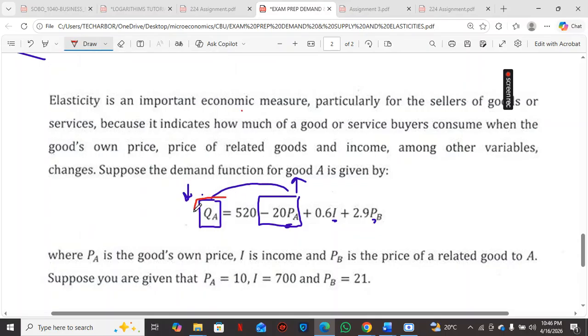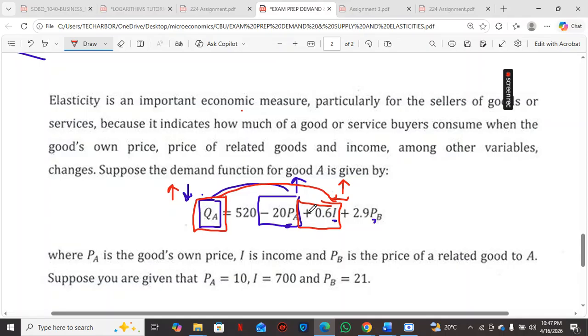If we look at the relationship between the quantity demanded for good A and the income, holding other factors constant, there is a plus sign, meaning if the income goes up, the quantity demanded for good A goes up. If the income goes down, the quantity demanded for good A also goes down.